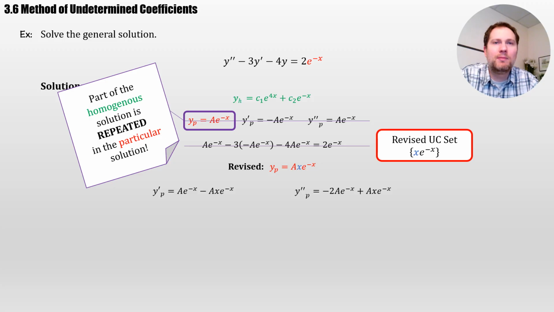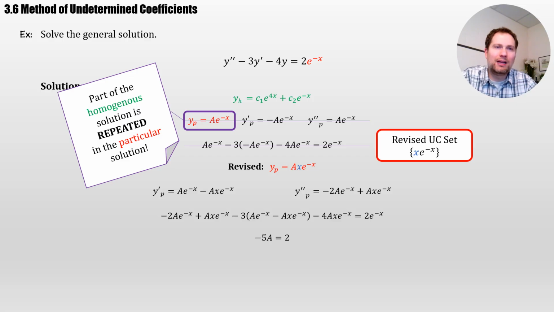So y_p prime and y_p double prime using the product rule are there. And now we can see as we substitute those in, it's going to take us a second to, as usual, collect like terms. If we collect like terms here, we see that negative 5a needs to be 2, that coefficient on e to the negative x.